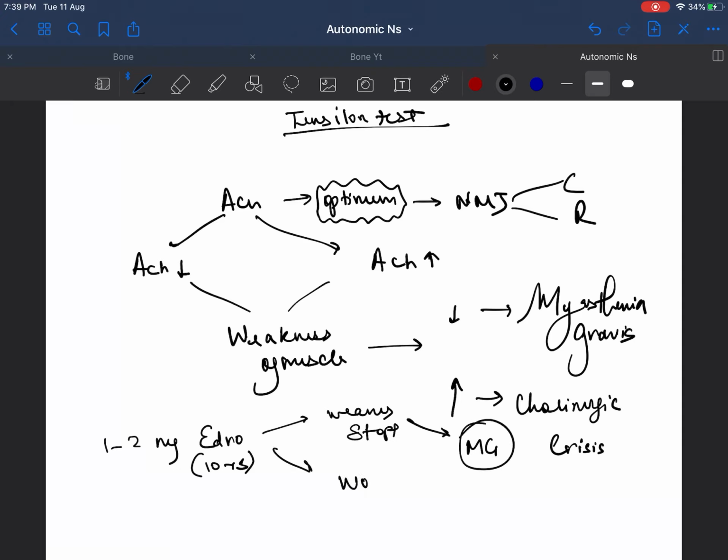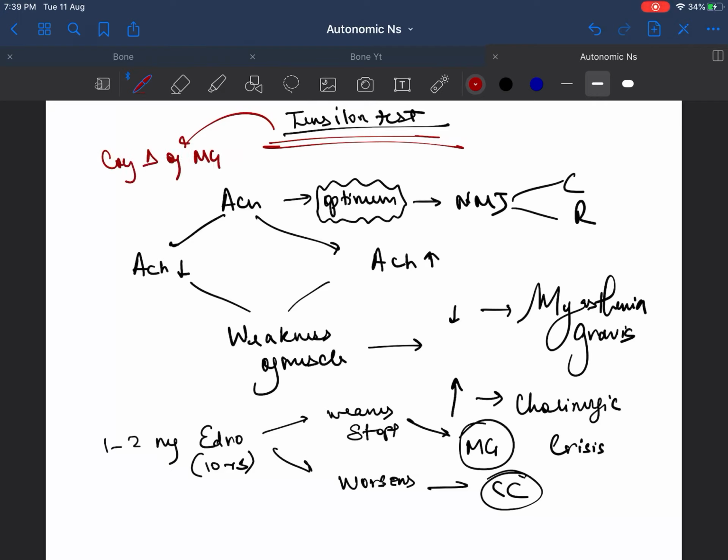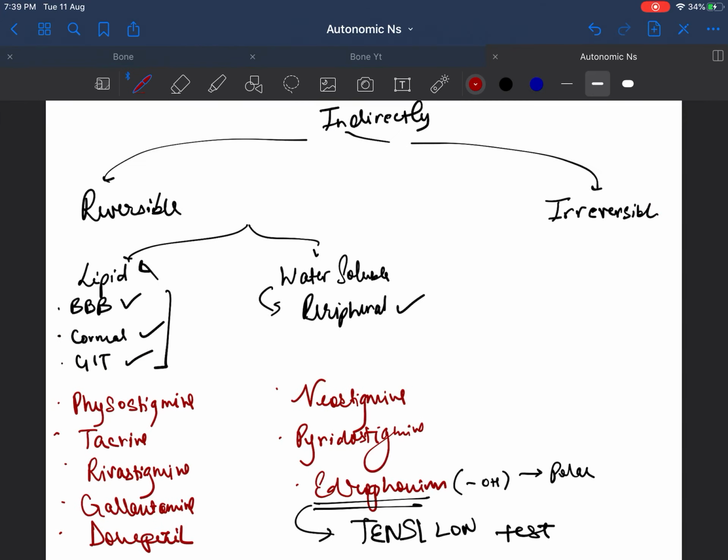If it worsens, then cholinergic crisis is confirmed. So Tensilon test deals with what? The confirmatory diagnosis of myasthenia gravis. And what do you use here? Edrophonium. So we have discussed about edrophonium here.